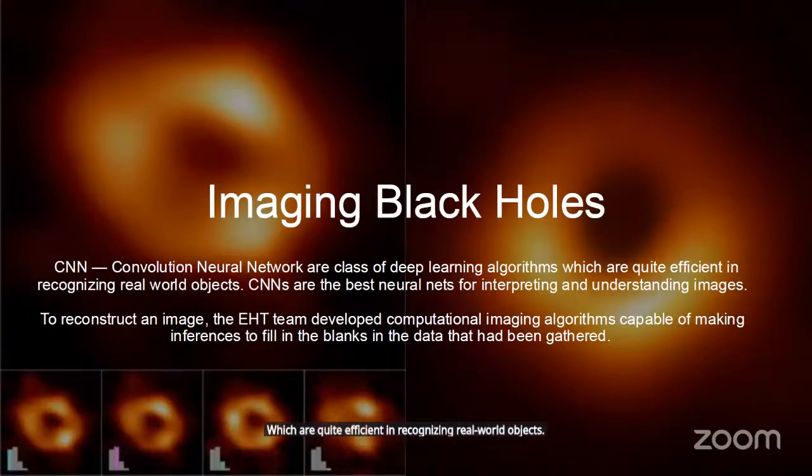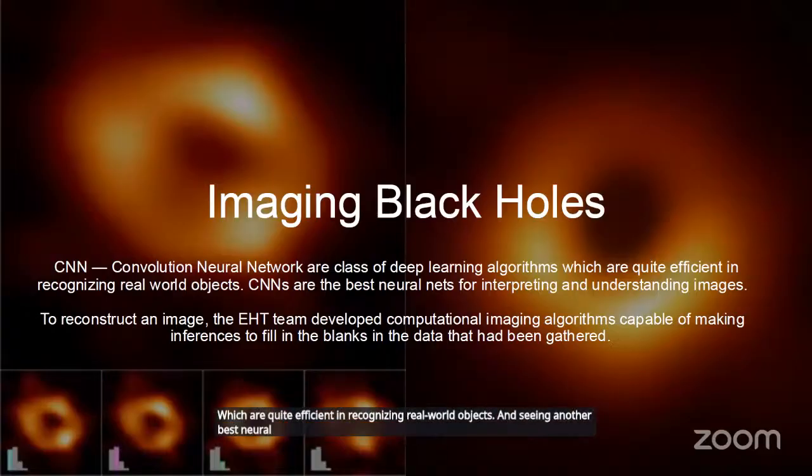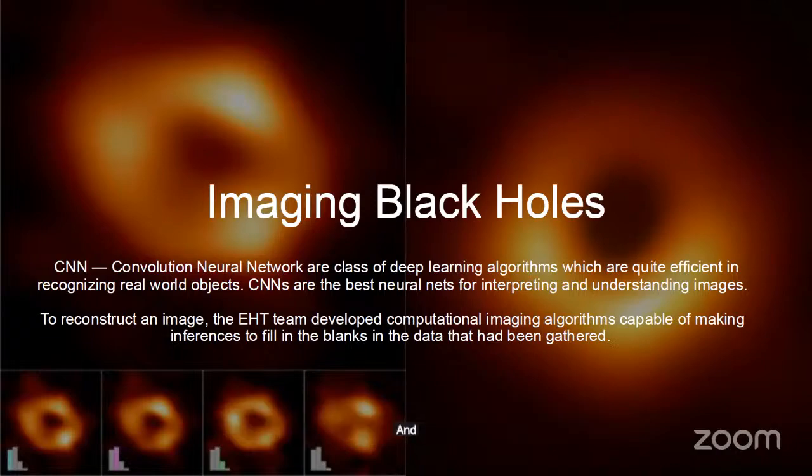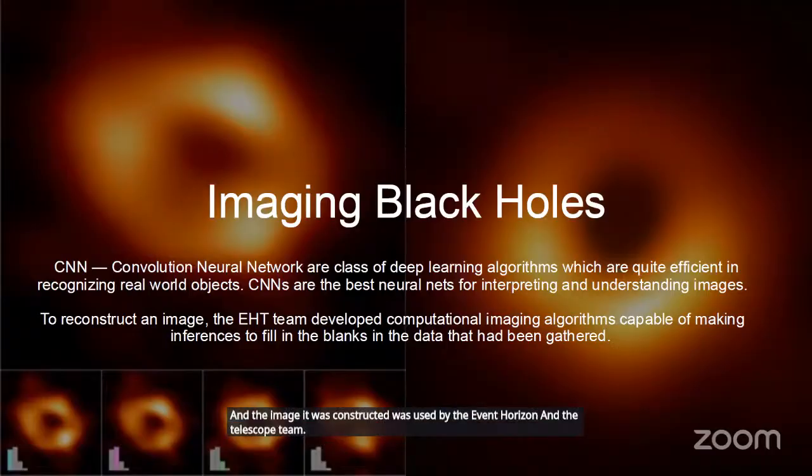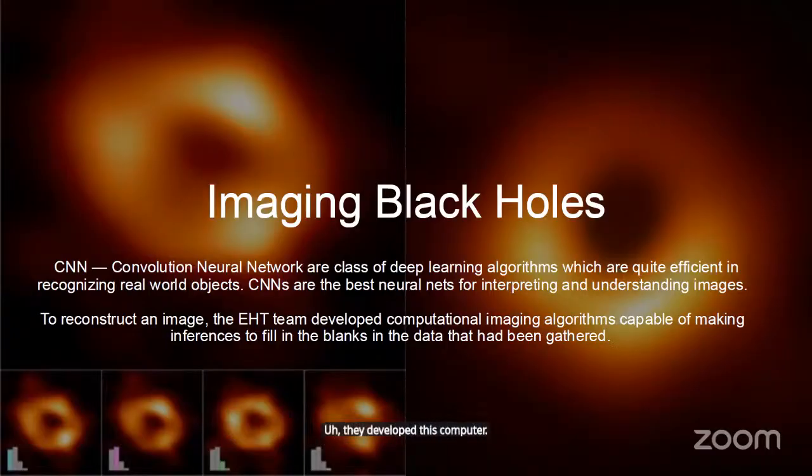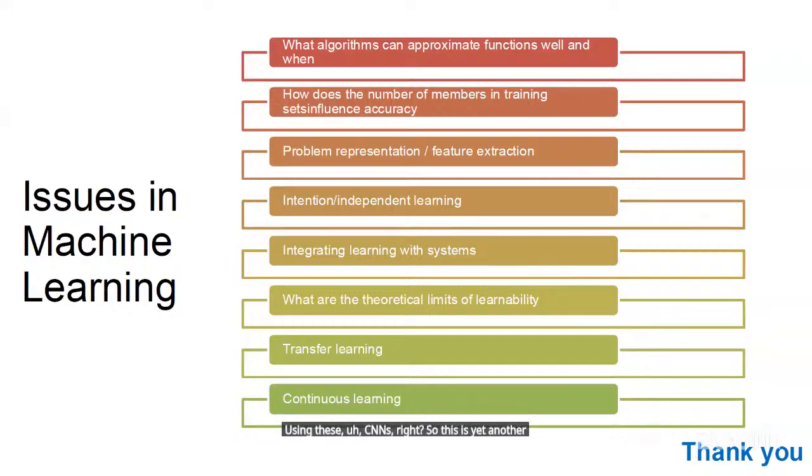CNNs are the best neural nets for interpreting and understanding images. The image was constructed by the Event Horizon Telescope team. They developed these images computationally using these CNNs, right? So this is yet another place where it comes in.